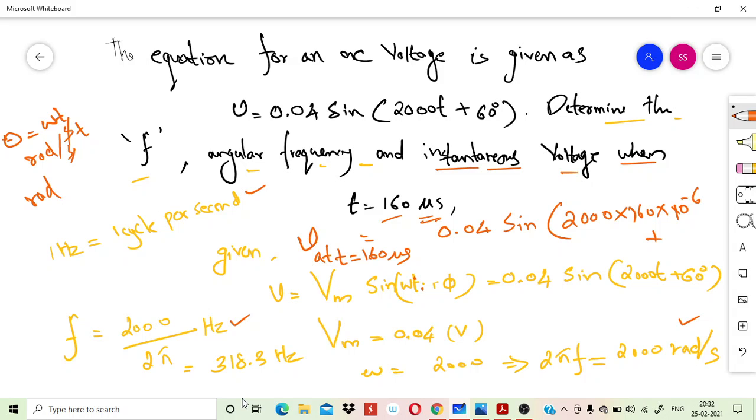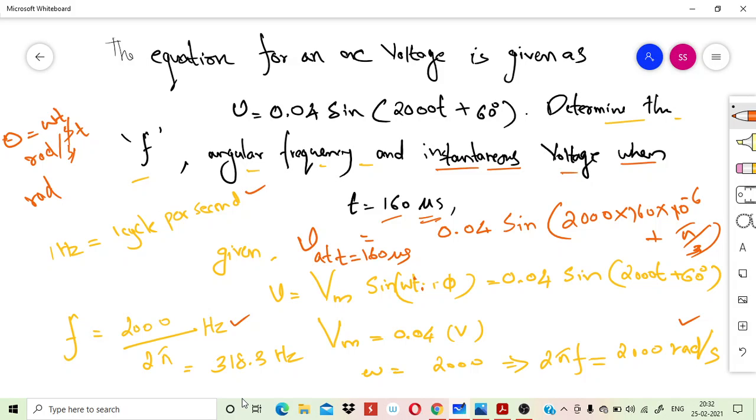To add these two terms, they must be in the same unit, either degree or radian. So I am going to convert 60 degree into radian. 60 degree in radian is pi by 3. So plus pi by 3 you will get.